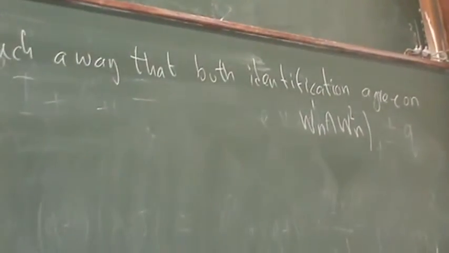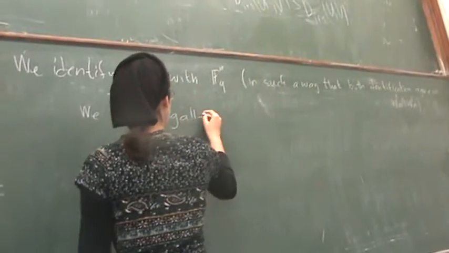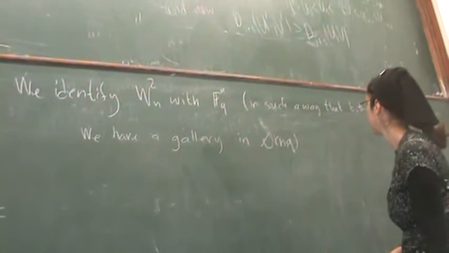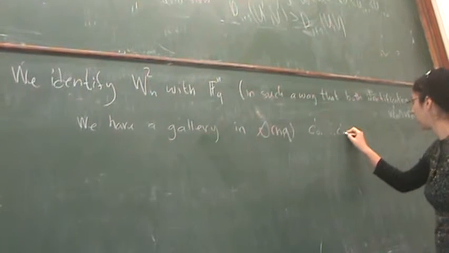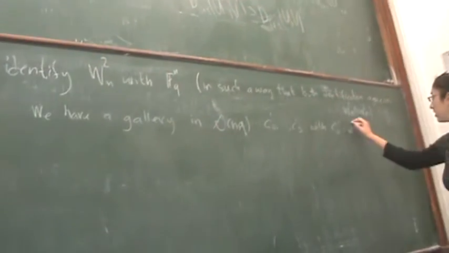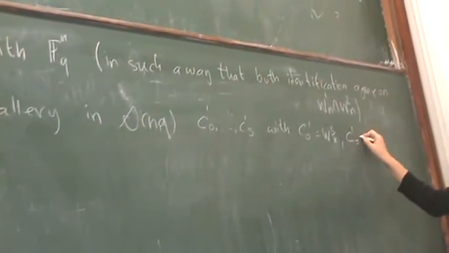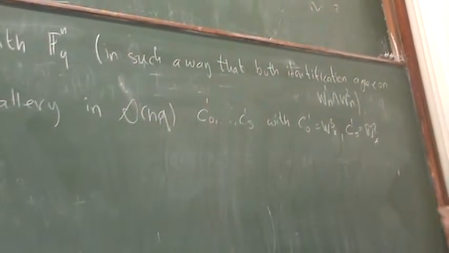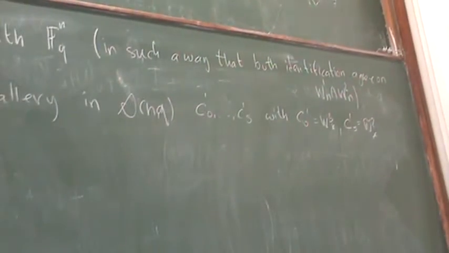And we have a gallery in S_n(Q), C tag 0 to C tag S, where C tag 0 is W3, and C tag S is W2 tilde, the shortened one.